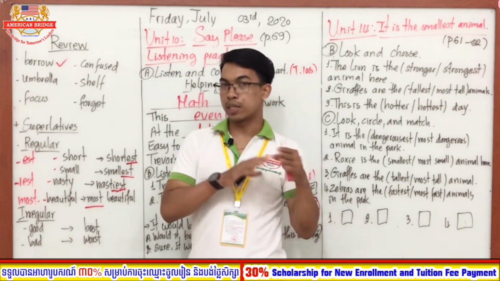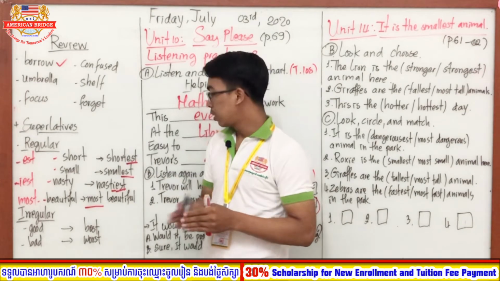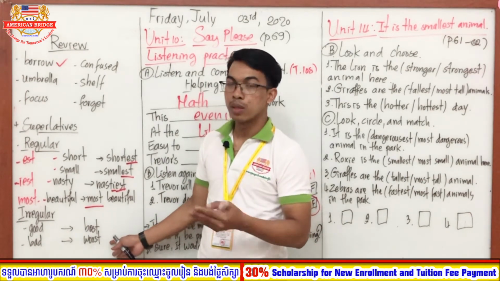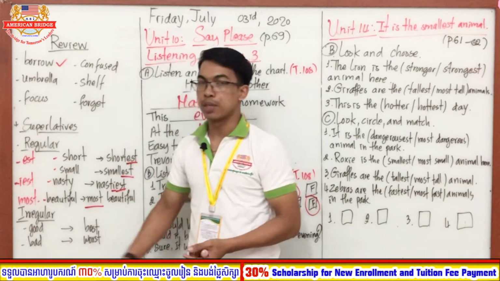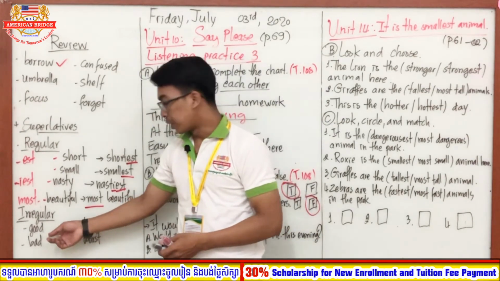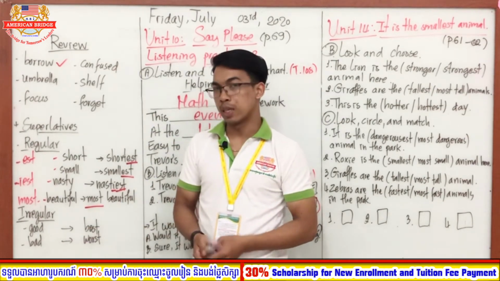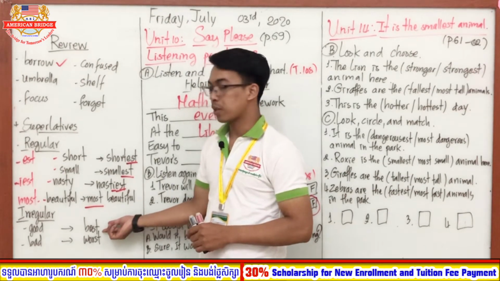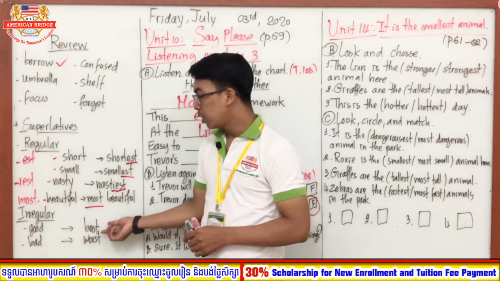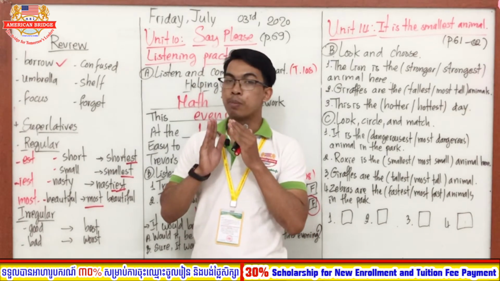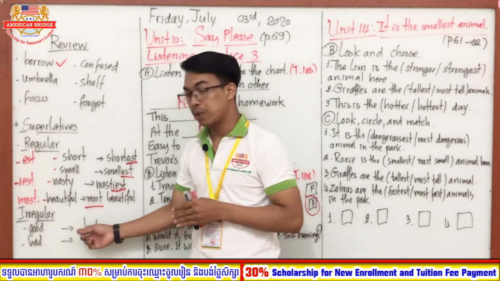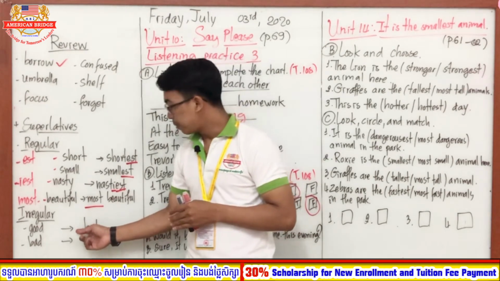Now let's move on to the irregular. Irregular means that it changes the form to the superlative adjective by changing the base form of the adjective. The word good is an adjective. When we want to change to the superlative adjective, we change to best. And the comparative adjective is better.